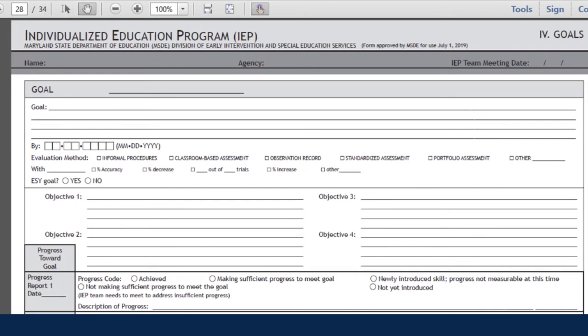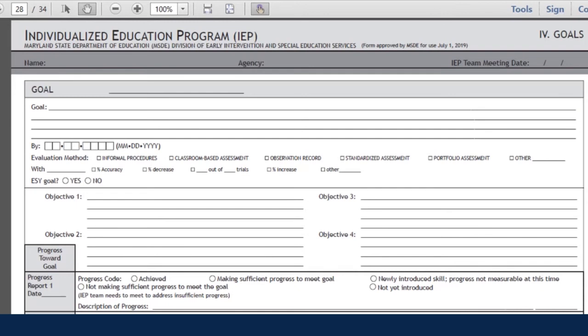So the goal should be designed to be met within 1 year. Goals can have as many as 4 objectives, and you can decide how many different types of objectives your child may need to help support meeting that goal. So basically, an objective is a smaller, more measurable step to meet the broad goal.